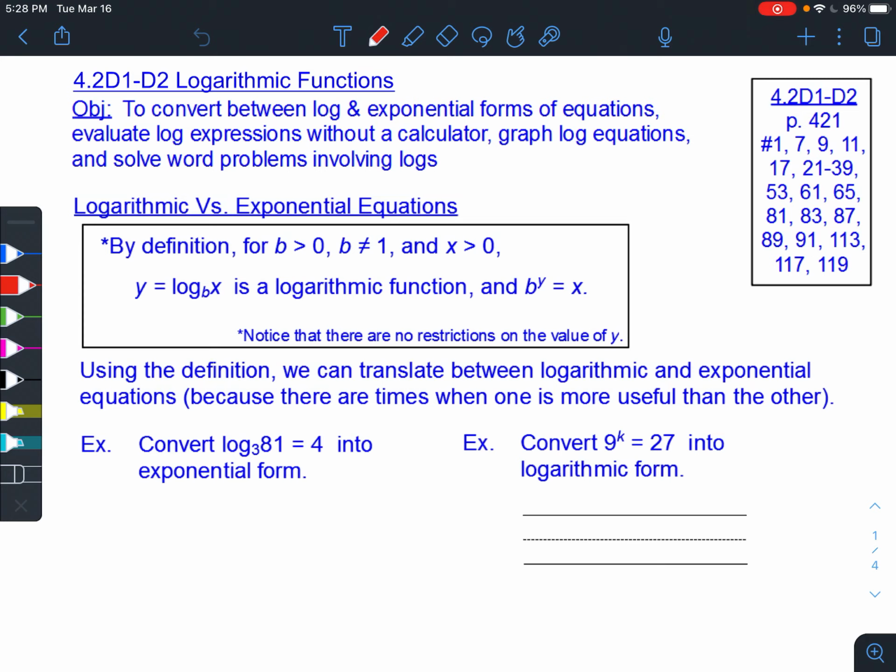Let's do x first. x greater than 0 basically means you can't have the log of a negative number. And for b greater than 0 and b not equal to 1, basically we can't have the base of the log be negative. Don't want a negative base for a log, that doesn't work.